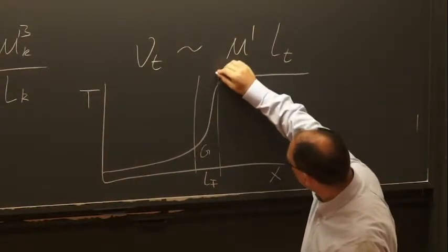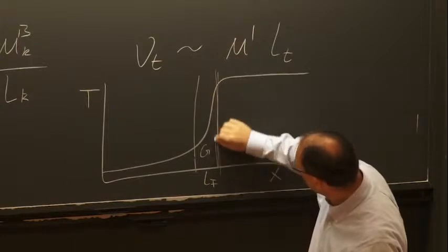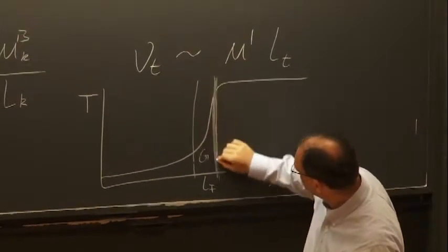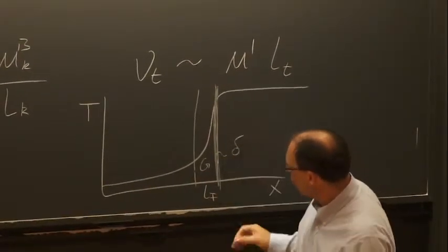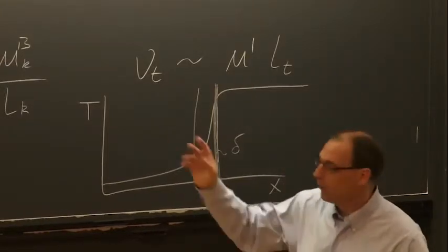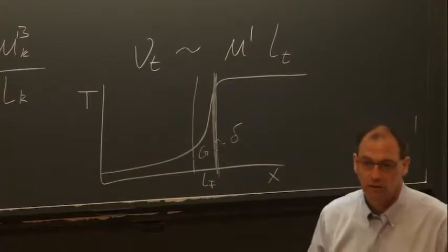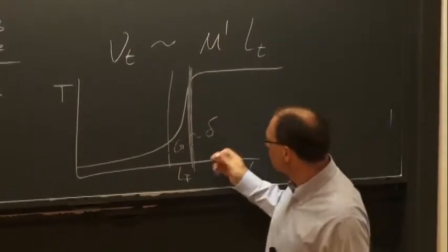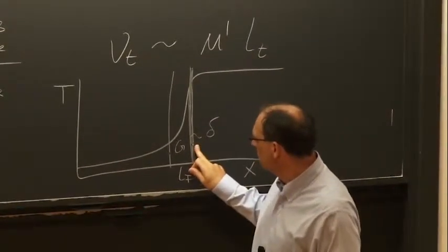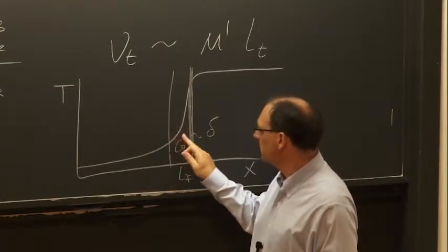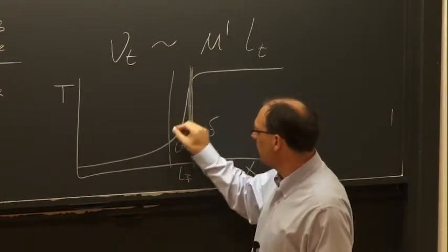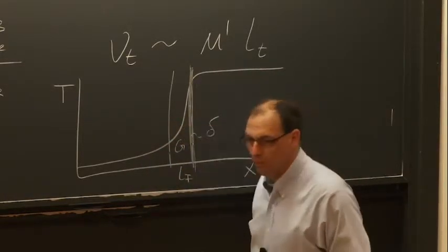But then within this, there's a very thin reaction zone that's much thinner. So now I could also ask the question, how do the Kolmogorov scales interact with this reaction zone? You could imagine the eddies that are much larger than the reaction zone, but much smaller than the flame thickness. And so they do interact somehow with the preheat region, but not with the reaction zone.